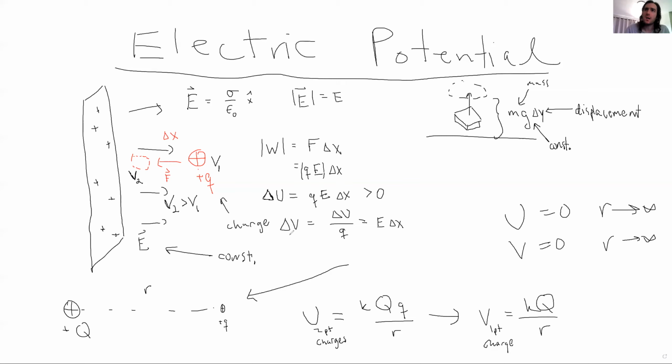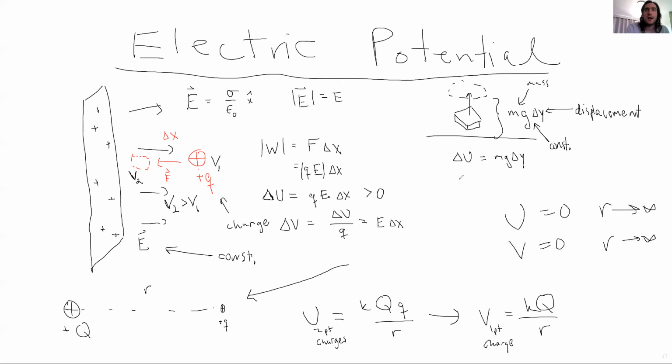All right, what's the equivalent over here for last semester? It's something you never talked about. You never talked about potential. You only talked about potential energy. Well, if we just follow the definition here, we have gravitational potential energy. Delta U is mg delta y, right?